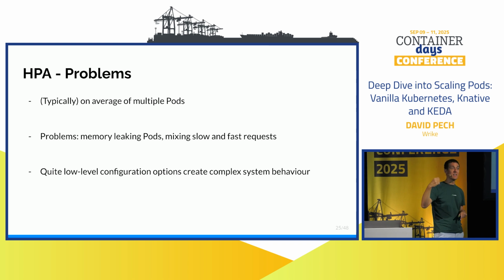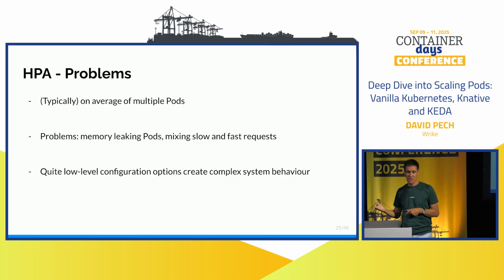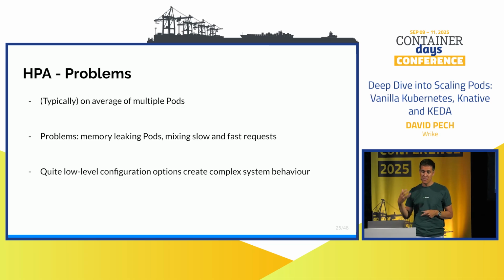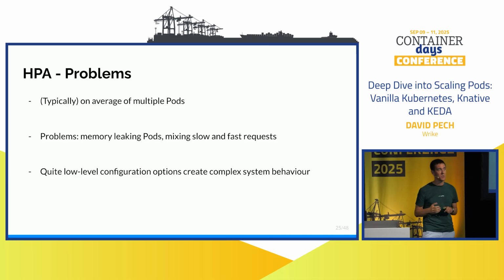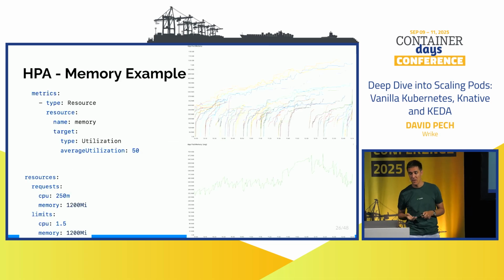The memory is not released, and you basically cannot estimate what is happening inside of the pod based on the memory. This is then completely useless, and you need to find some other, typically very internal metric. And the last problem I see is that those patterns with those low-level settings typically create very complex holistic system behavior, which is hard to debug, hard to understand.